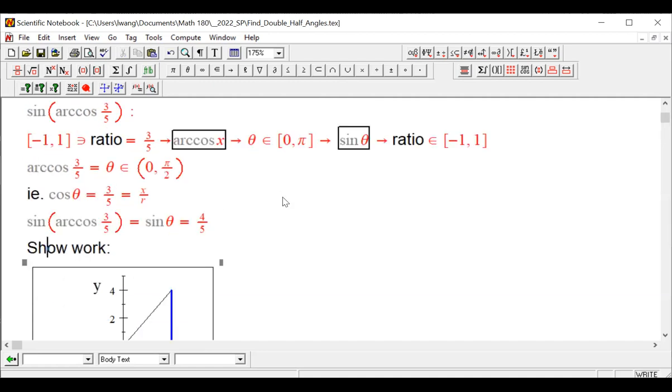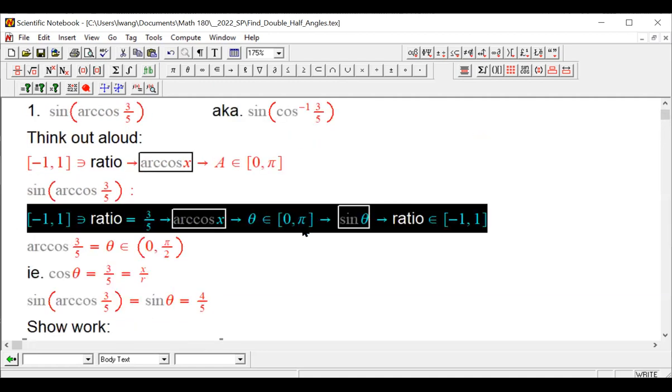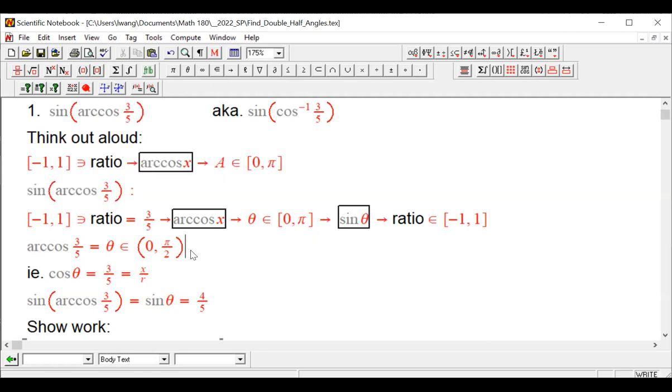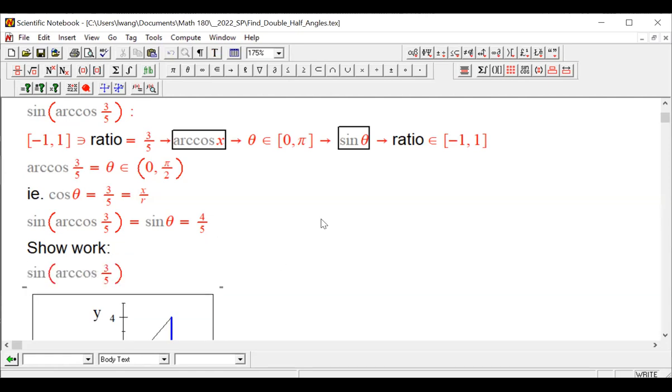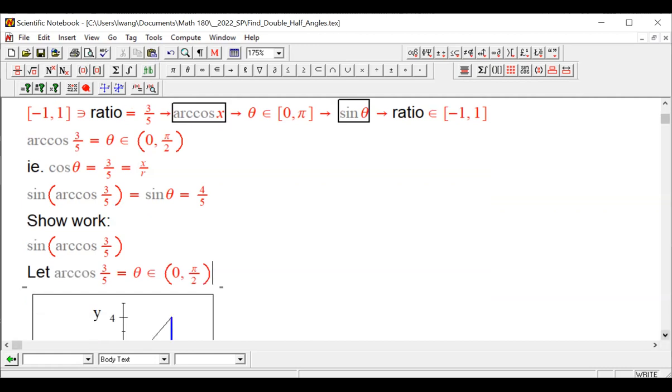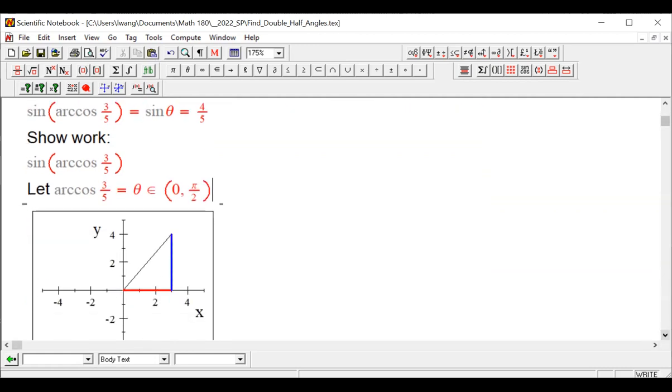When you're showing your work, you don't need to show all of these. I will tell you what to show. Suppose this is the question. The first step, you're going to say, let that equal theta.